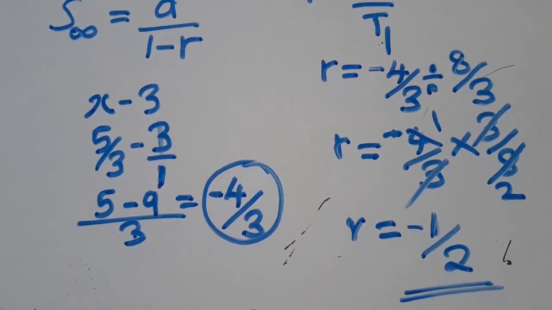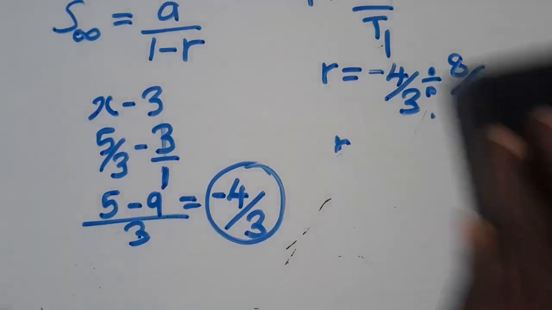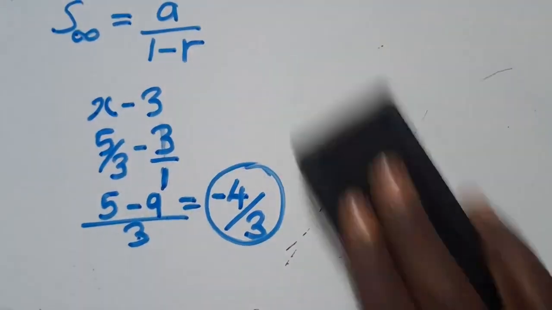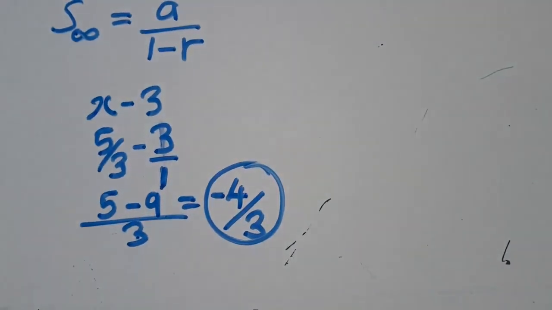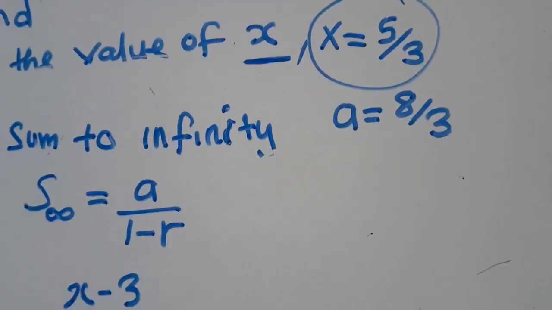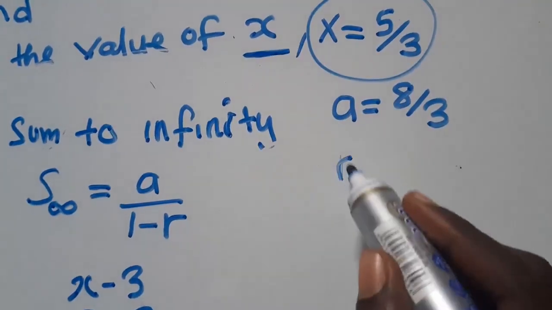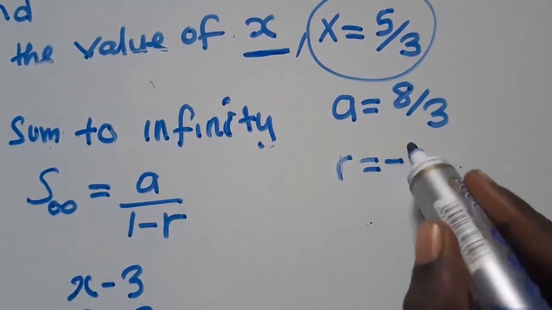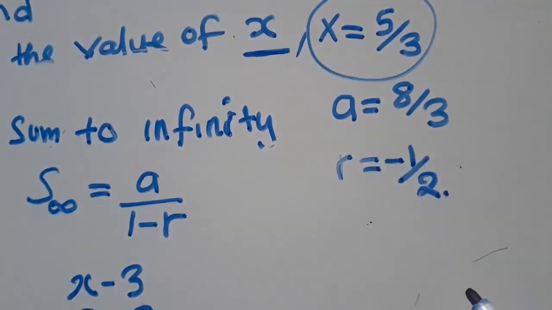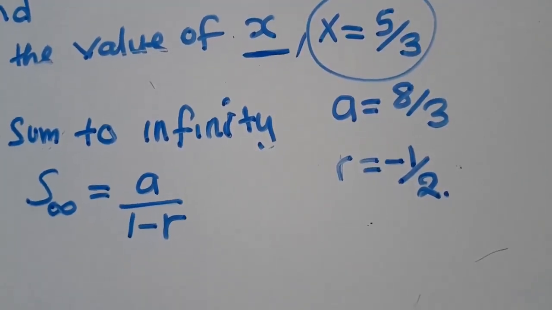With this common ratio, I'm going to substitute there. So it's just a matter of substituting. I've found the common ratio, negative 1 over 2. So I substitute now in this formula.